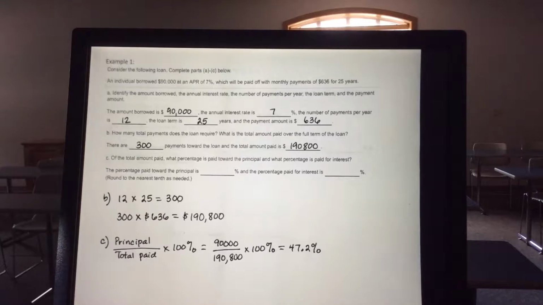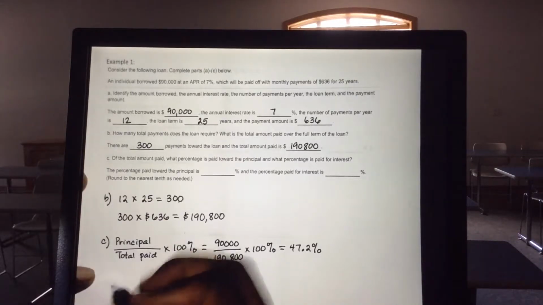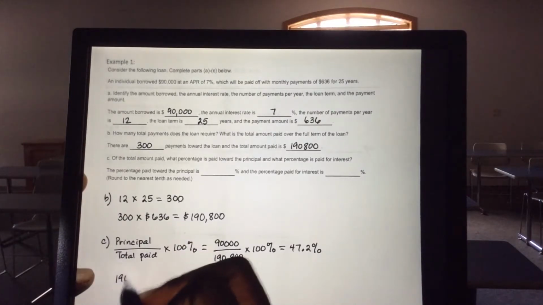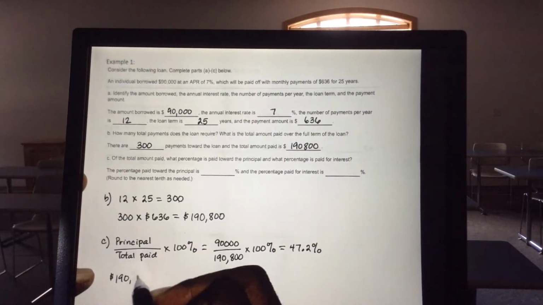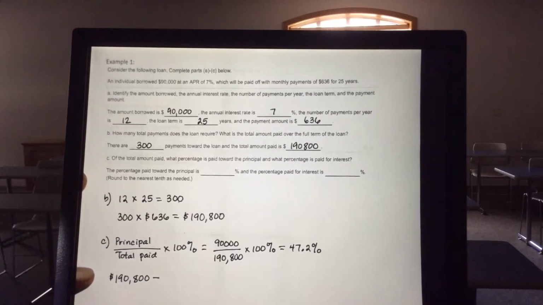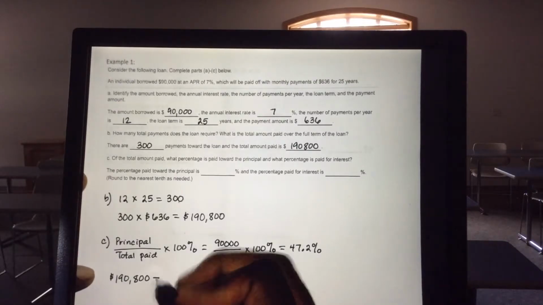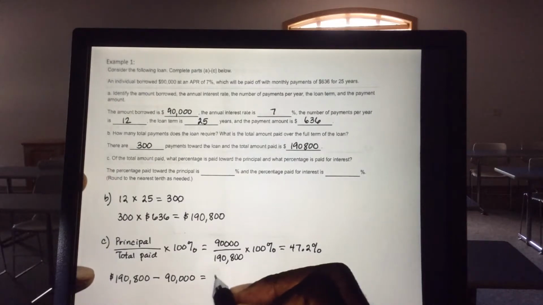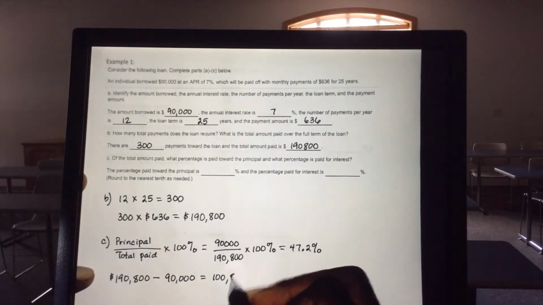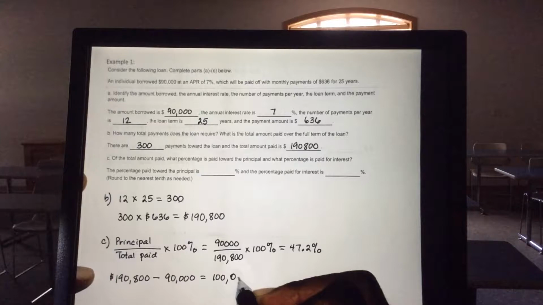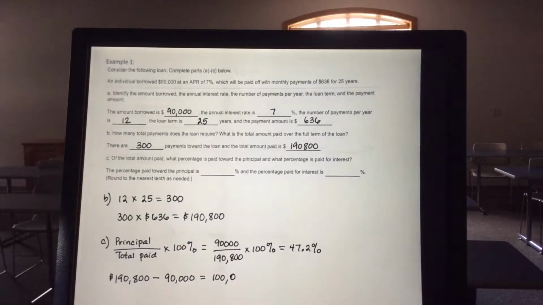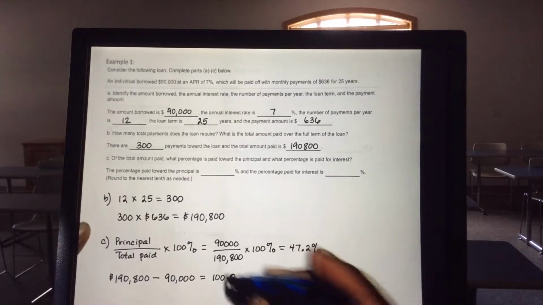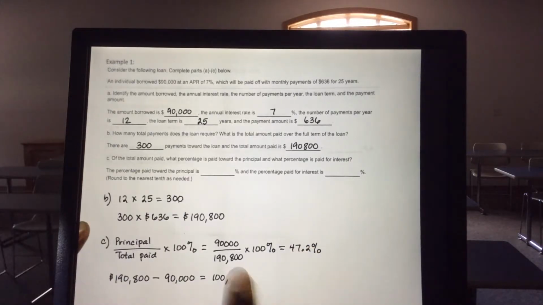Okay? And what about the percentage paid for interest? Well, if I take that $190,800, which is the total amount paid, subtract the loan amount of $90,000, you'll be left with $100,800.